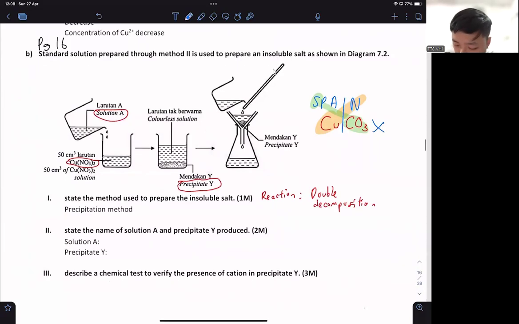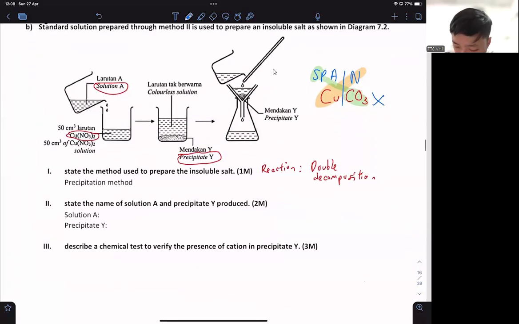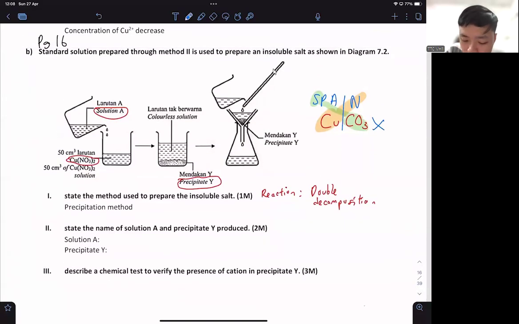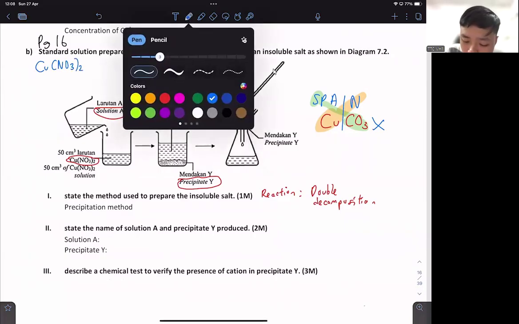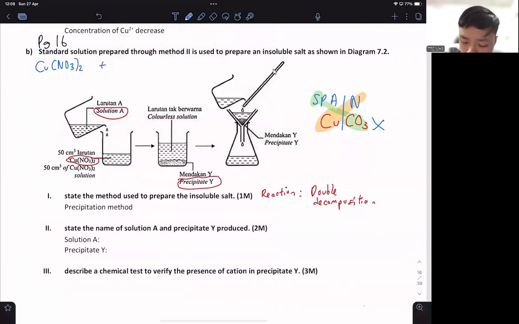Okay, I show you the equation. Copper 2 nitrate, the blue color one, added into sodium carbonate, then I form copper 2 carbonate and sodium nitrate. Okay, it means I will get this one.